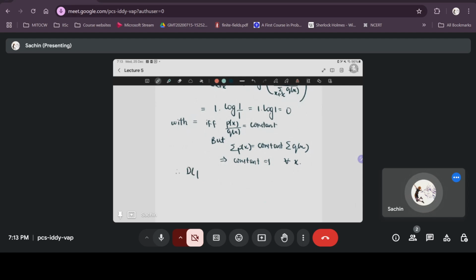Therefore, d of P parallel Q is greater than or equal to 0 with equality if and only if P of x equals Q of x for all x.